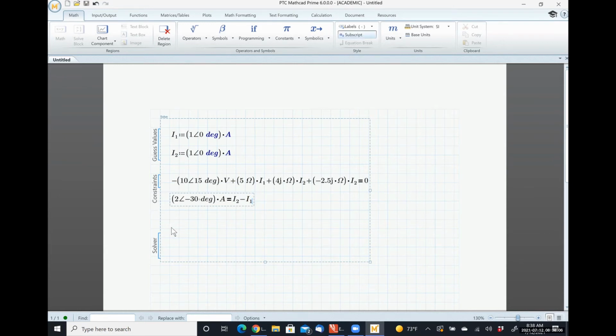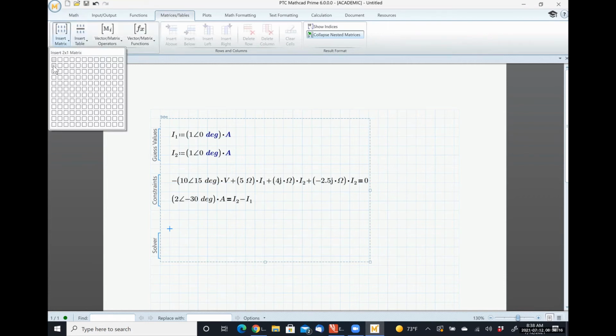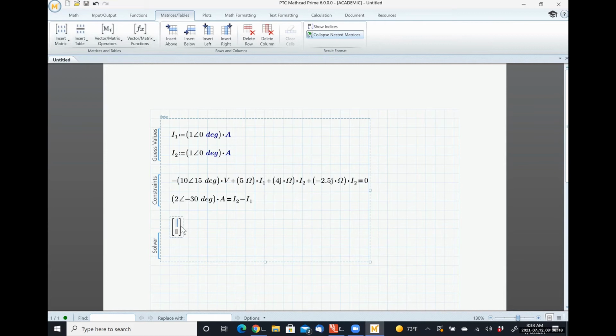And I like to store my answers in a matrix. And the reason I do this is because if I have to do extra mathematical manipulation afterwards, I can. So I'll show you what I mean by that in a second.